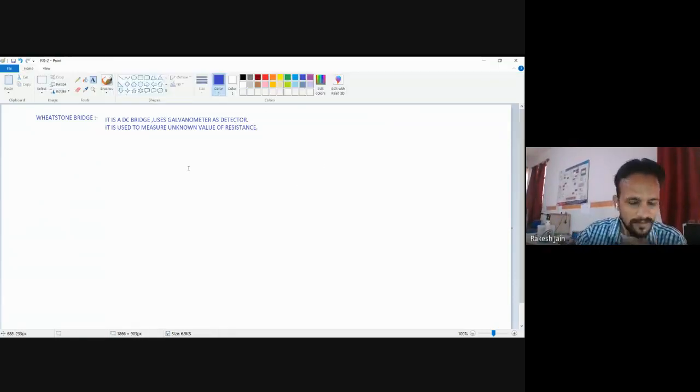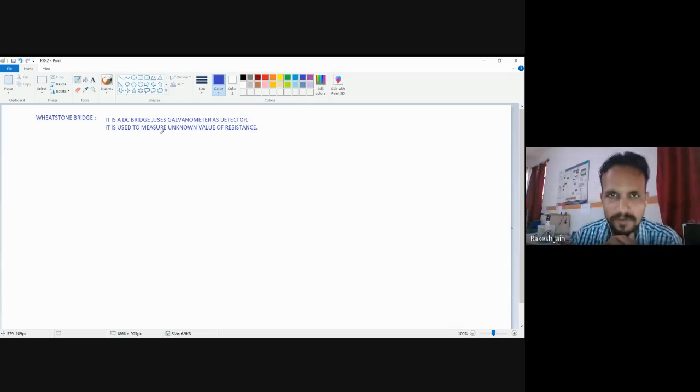Okay, now we start our journey with the circuitry. See very carefully the circuit diagram of a Wheatstone bridge. It consists of four arms, because bridges generally consist of four arms, in which three arms have known values of resistance, and in the fourth arm the unknown value of resistance is connected, whose value we want to find out with the Wheatstone bridge.